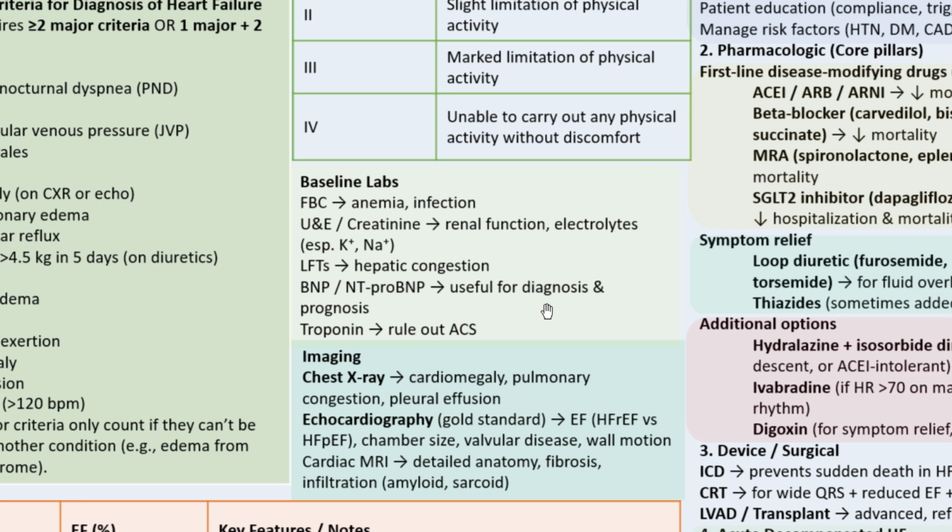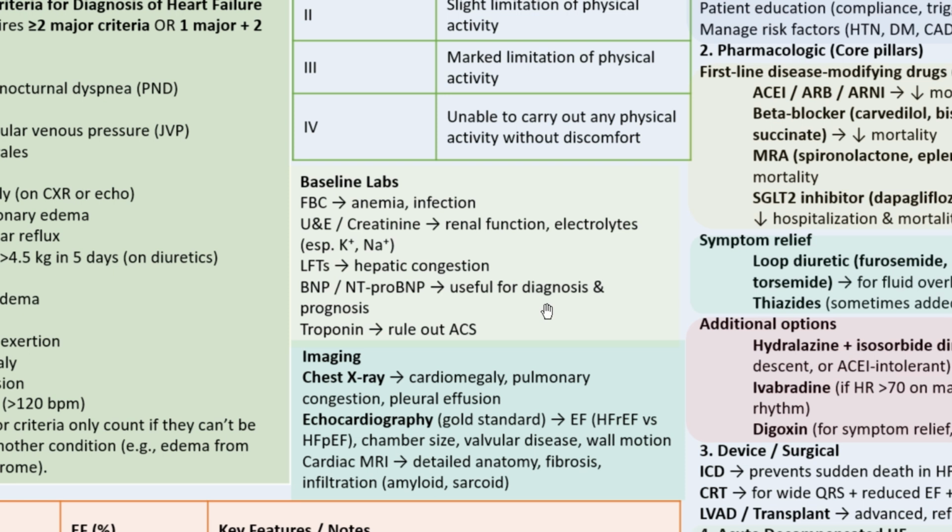So someone with a low or high potassium may actually get an arrhythmia that could put them in heart failure. We can do the LFTs when we have hepatic congestion. And remember, if this congestion is chronic, it can cause a condition known as cardiac cirrhosis, which I covered in my video on liver failure or liver cirrhosis.